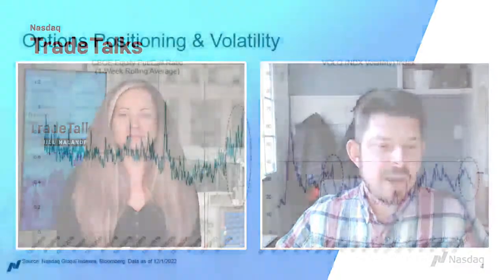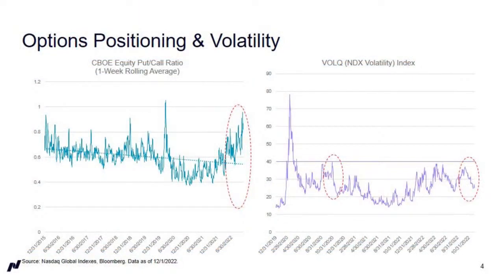And our final indicator, Mark, options positioning. Yeah, so the two things I want to point out on these charts. When you talk about trying to forecast what's going to happen next year, it's really hard to do, especially given the number of unique macro factors that are coming together and how unpredictable some of those are.